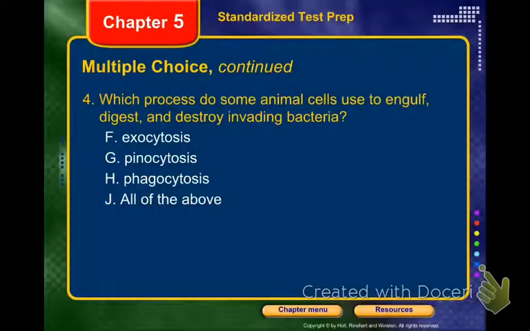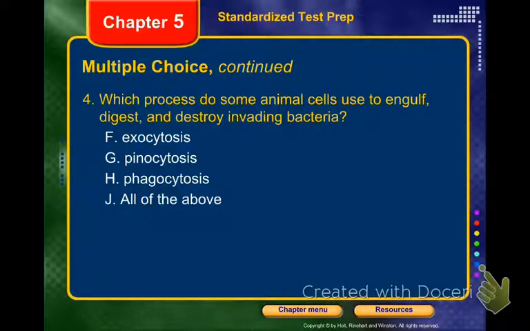Which process do some animals use to engulf, digest, and destroy invading bacteria? Exocytosis, pinocytosis, phagocytosis, or all of the above? Phagocytosis. Now, on all of the above type questions, here's a hint.